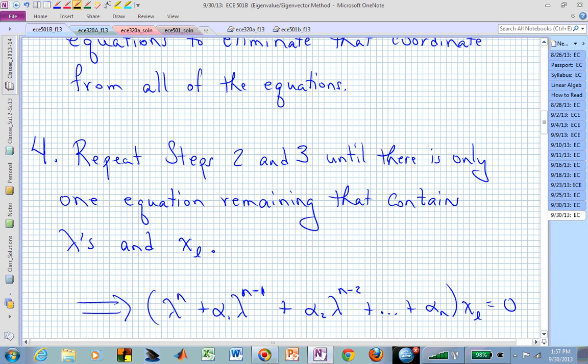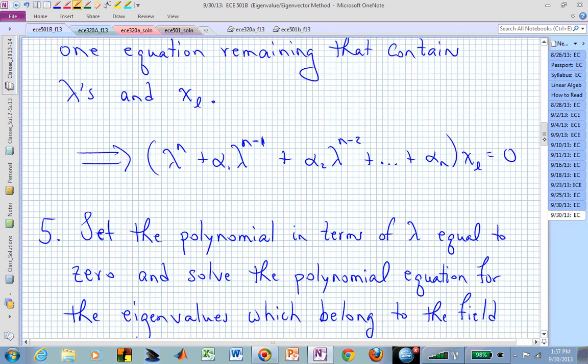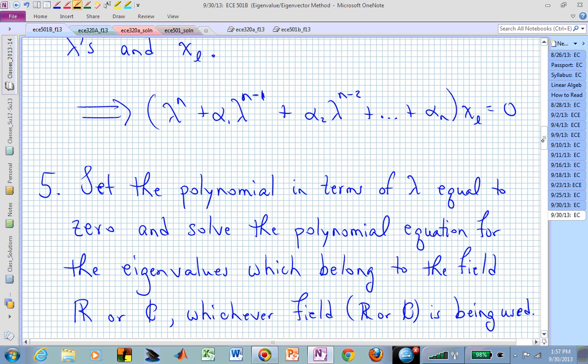But after all of that is accomplished, we will end up with this polynomial in lambda. Again, lambda is our variable that we are parameterizing our eigenvalue with respect to. We'll get an nth order polynomial of that times x sub n, and we want x sub n to be non-trivial, so x sub n, or x sub l in this case, is non-zero, which says that we are now forced to have that left-hand side, this nth order polynomial in lambda, equal to zero.